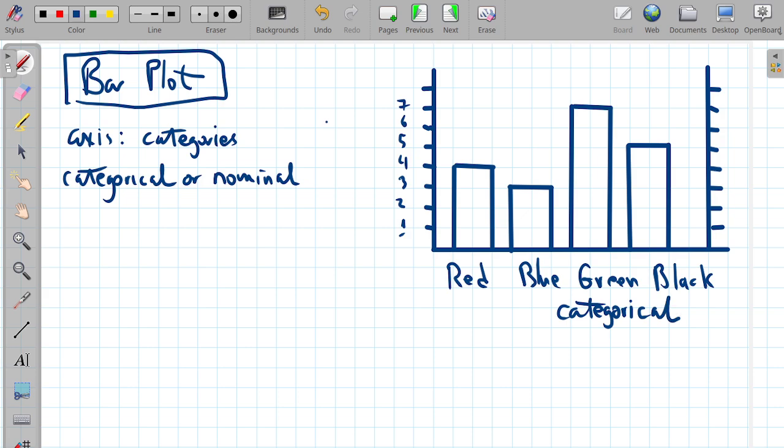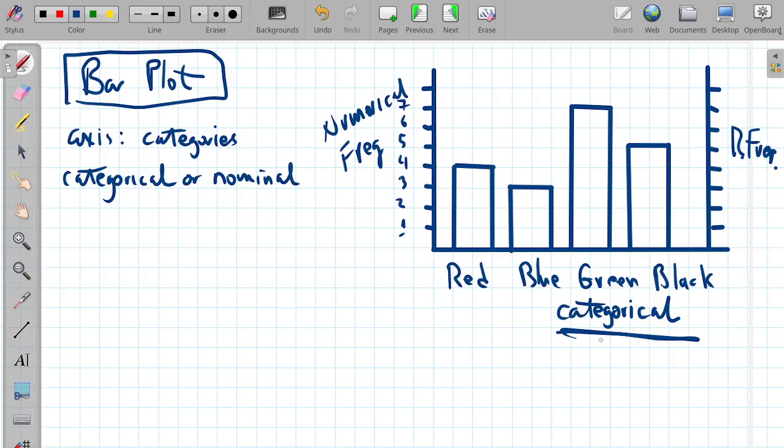You can have numerical on the vertical axis, though. So the conversation about whether you have a relative frequency or just frequencies on this one, it's the same thing. It's just that the horizontal axis has to be categorical for the bar plot.